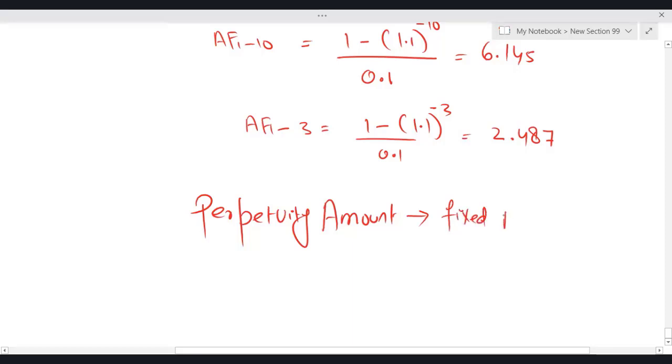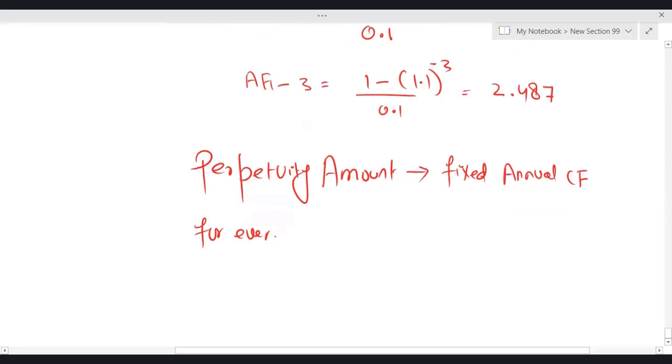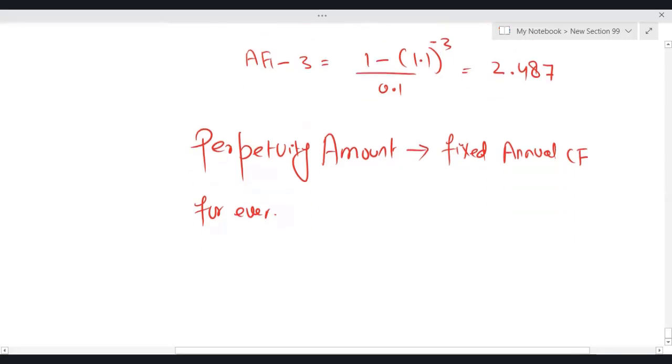A fixed annual cash flow, which could be inflow or outflow, forever. If there is a fixed annual cash flow, inflow or outflow, but forever, then that amount is called perpetuity amount. In case of perpetuity amount, how do we calculate the present value?